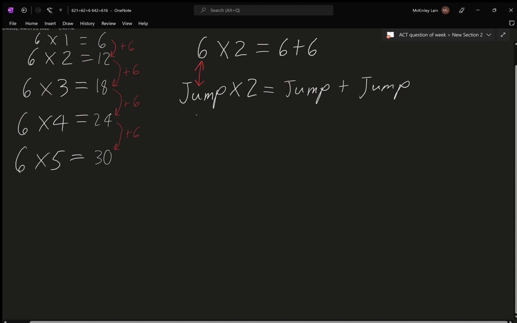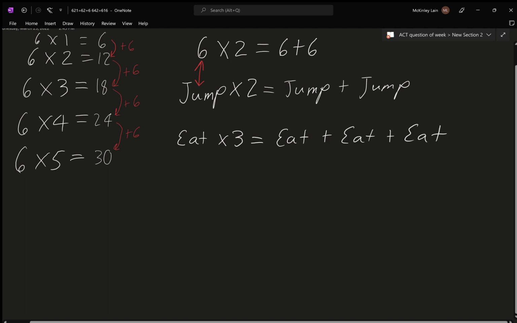So say I said that we eat, that's a 3, not an E. Say I eat times 3 times a day. So I eat 3 times a day. So in that case, we're going to have eat plus eat plus eat.